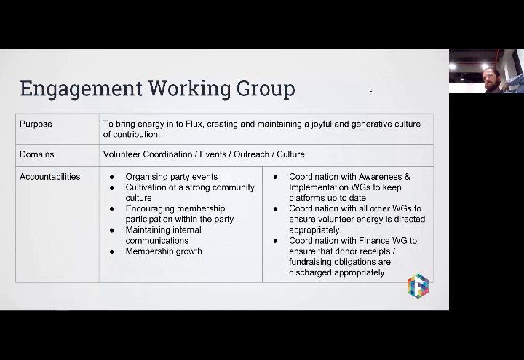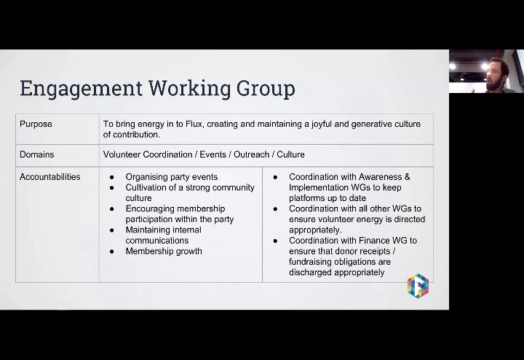Then the next working group that we'll speak to briefly is the engagement working group. And this working group, as I said previously, is all about culture and how we build this organization in a way that we want to be part of.